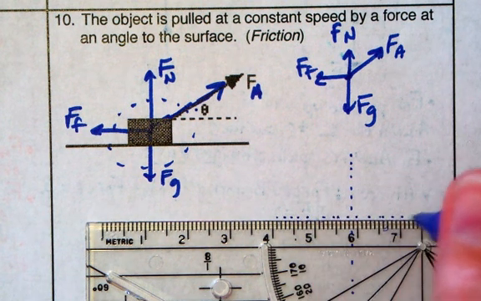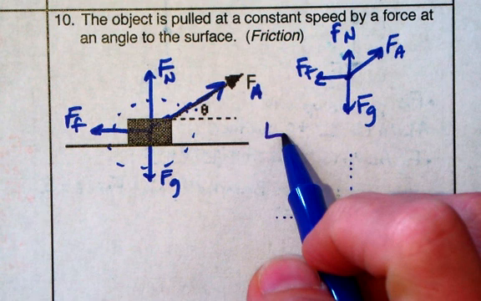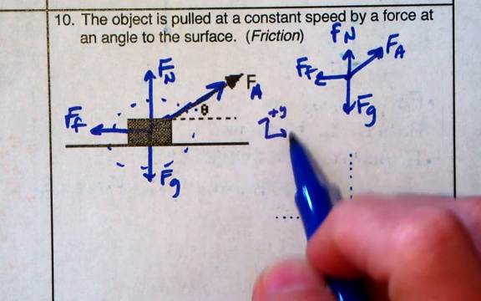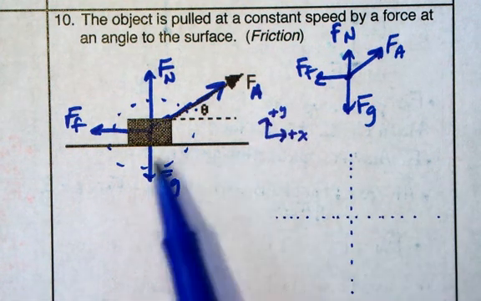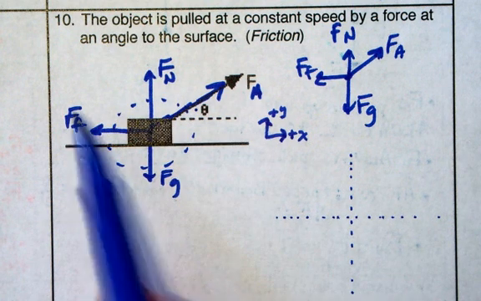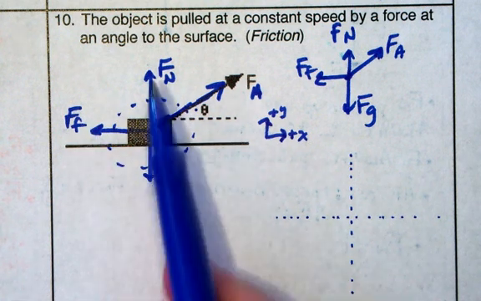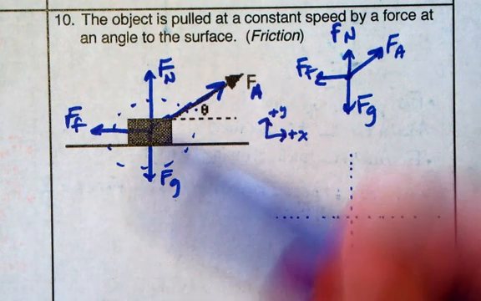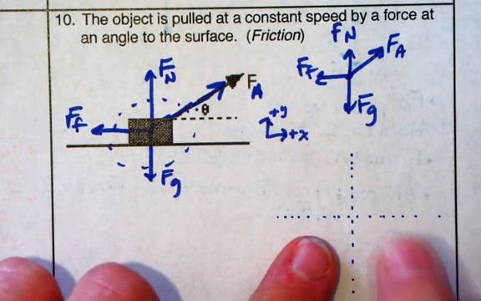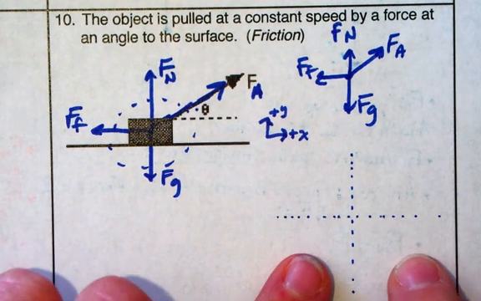I am purposely drawing the axis this way. So we have our positive y, we have our positive x. I'm drawing it this way because my normal force, my friction force, and my gravitational force are all up, down, left, right. So this is helpful because 3 of my vectors can fit perfectly on here such that they don't have components.